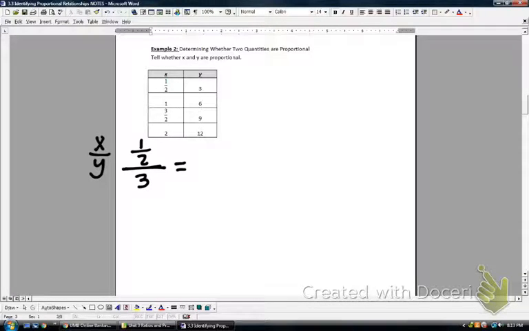When I do that on my calculator, that simplifies to 1/6. So I've done this one. Then I'm going to do the same for the next one. I have 1/3, so that's my x, and then my y is 6. That simplifies to 1/6.